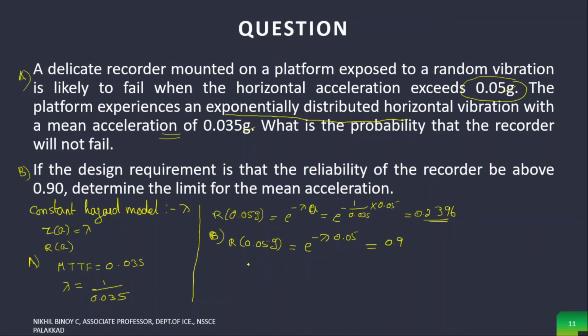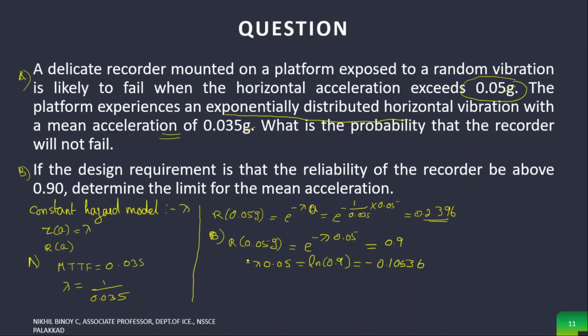So minus lambda times 0.05 equals natural logarithm of 0.9, which is minus 0.10536.